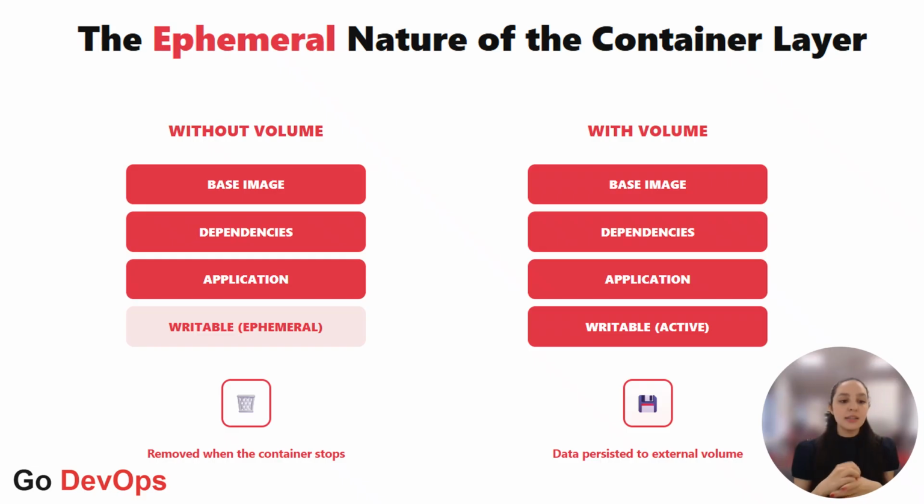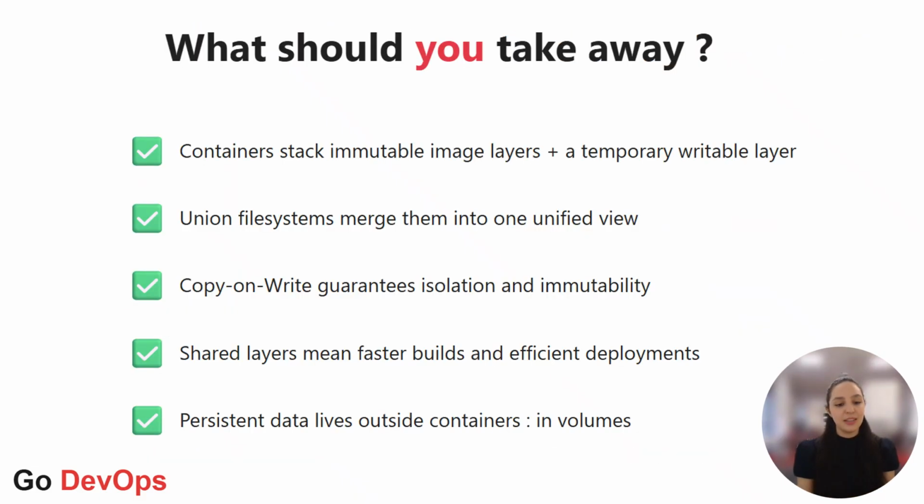And data that truly matters, like databases, logs, or user uploads, can live safely outside the container, in a volume or a mounted directory. It's really the best of both worlds: temporary compute and persistent data at the same time.